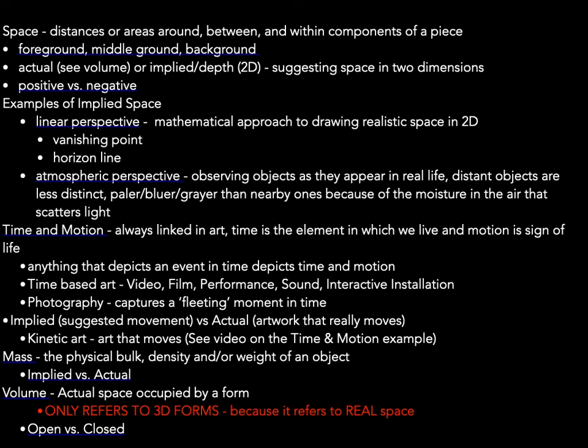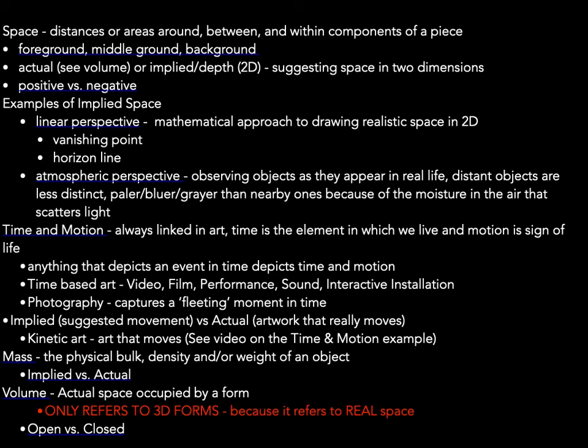Mass can also be implied in two dimensions, and that's when you understand the weight in a two-dimensional artwork. If you can explain the weight in a two-dimensional artwork because it makes sense, you will describe its implied mass. To get credit for the implied mass in a two-dimensional artwork, you must always include the word implied. Otherwise, you're dealing with a paradox.